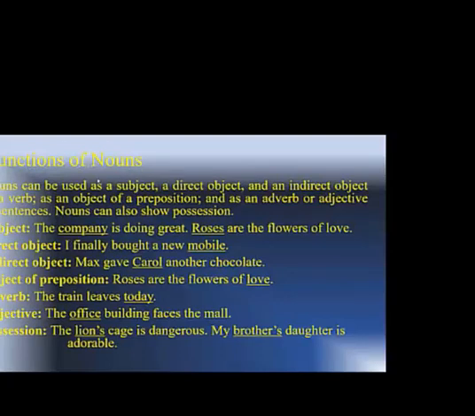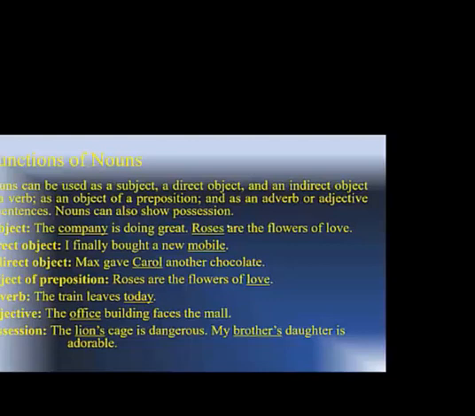The functions of a noun. The operation of a noun. What does a noun do in a sentence? Nouns, or their position. Nouns can be used as subjects, the doer, a direct object, and an indirect object of a verb, or as an object of a preposition, or as an adverb or adjective in a sentence.